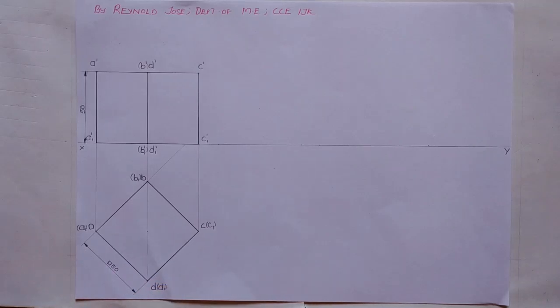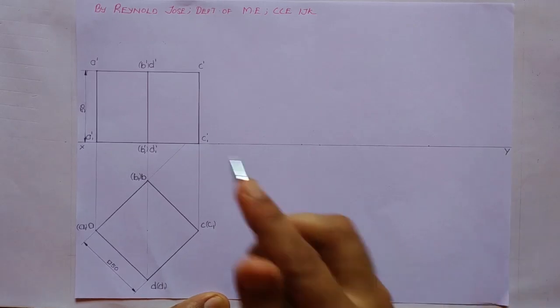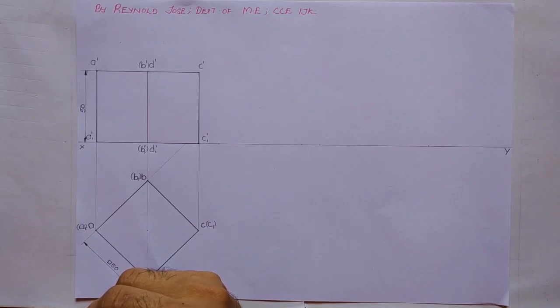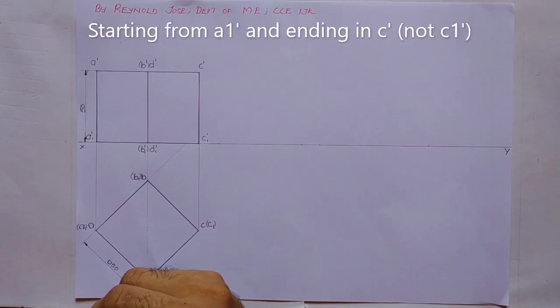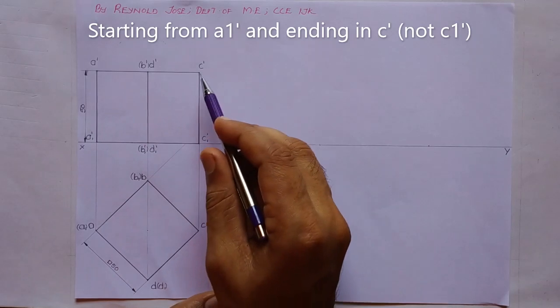Now we have to understand what we mean by a body diagonal. A body diagonal is a diagonal that passes through the inside region of a solid. In this case, a body diagonal can be a diagonal starting from A1 dash and ending in C1 dash.